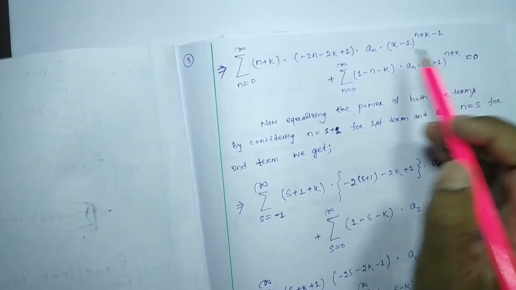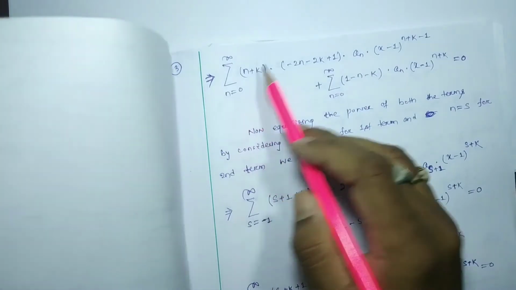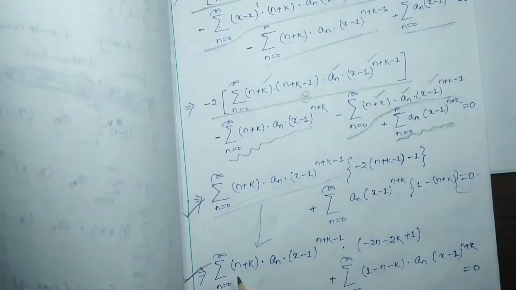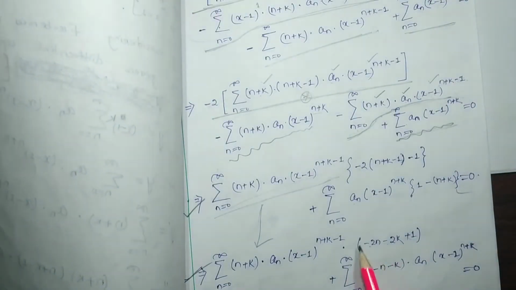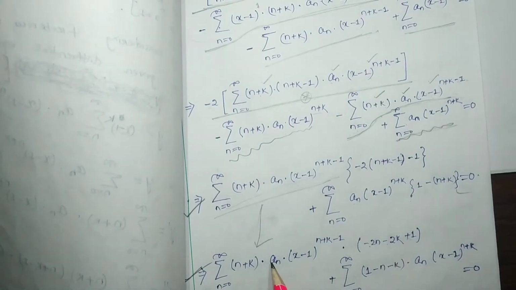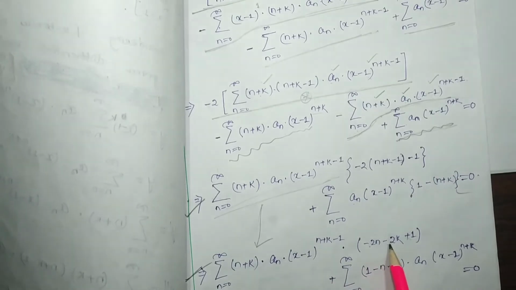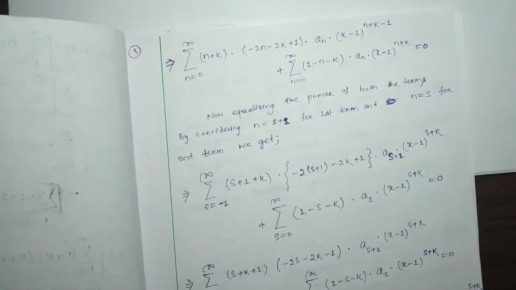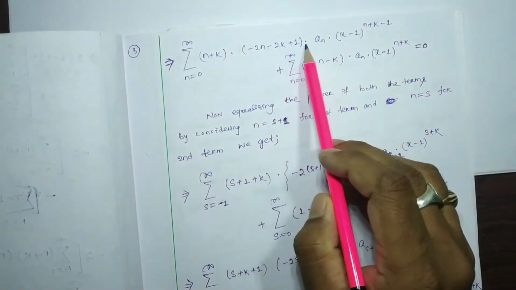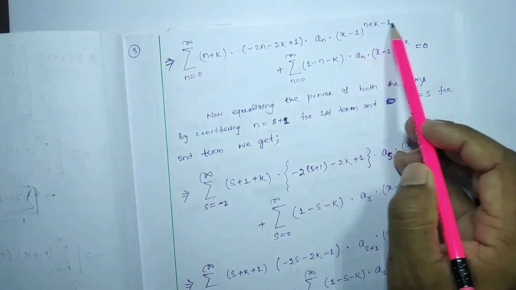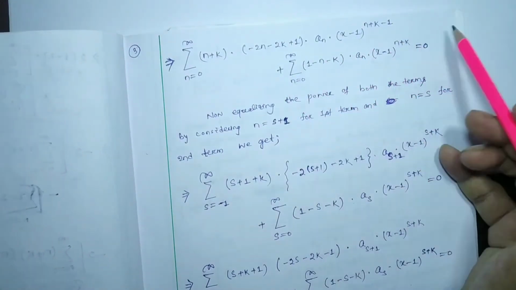The last output is n plus k into 2n minus 2k plus 1, a n, x minus 1 to the power n plus k minus 1, and then the second term equal to 0.